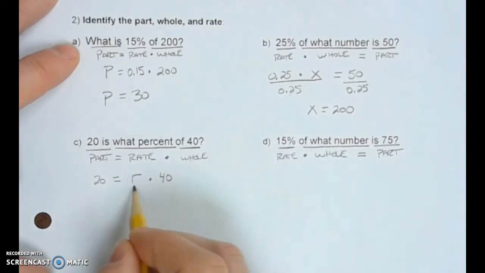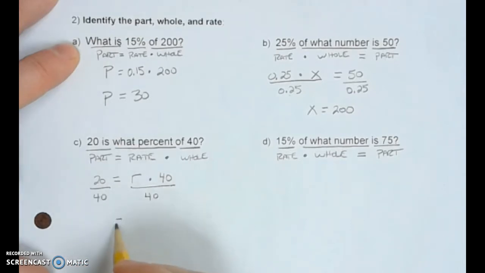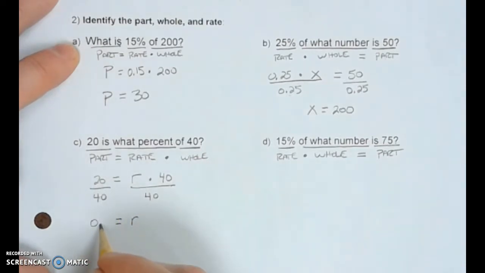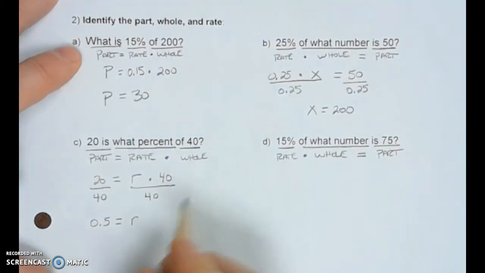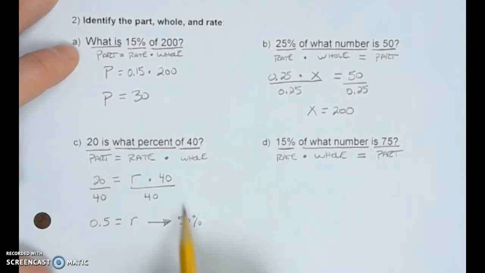To get R by itself, we divide by 40 on both sides. 40 divided by 40 is 1, leaving us with R on the right. 20 divided by 40 is 5/10 or a half. Now, it said, what's the percentage? So now we have to take this decimal and write it as a percentage, and that's going to be equal to 50%. 20 is 50% of 40.